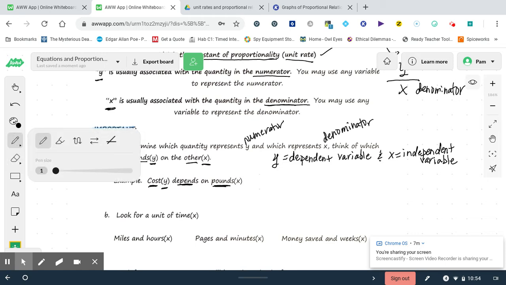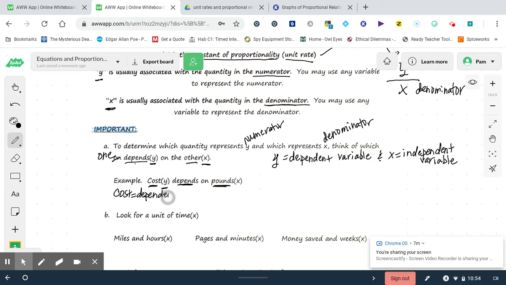So cost is your dependent variable. It depends on your number of pounds, so we say it's going to be y. If it's y, it will go in the numerator if we wanted to divide.